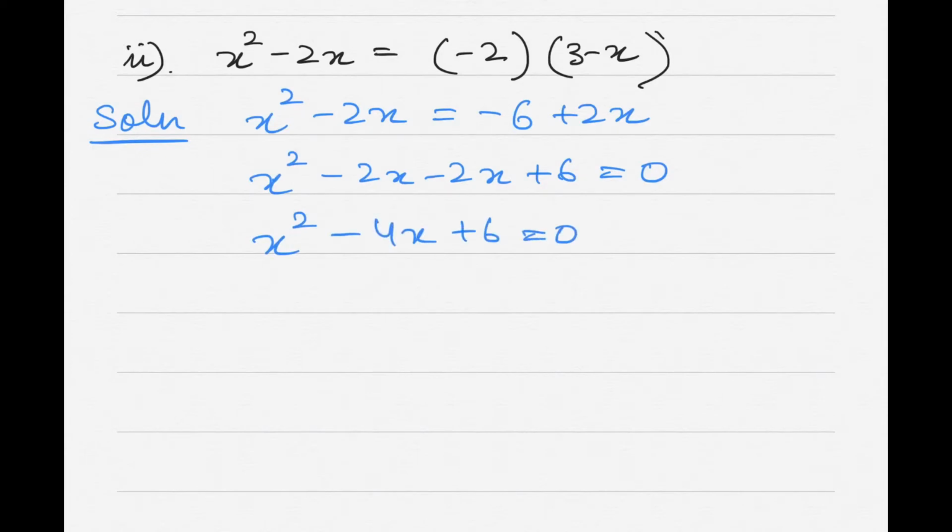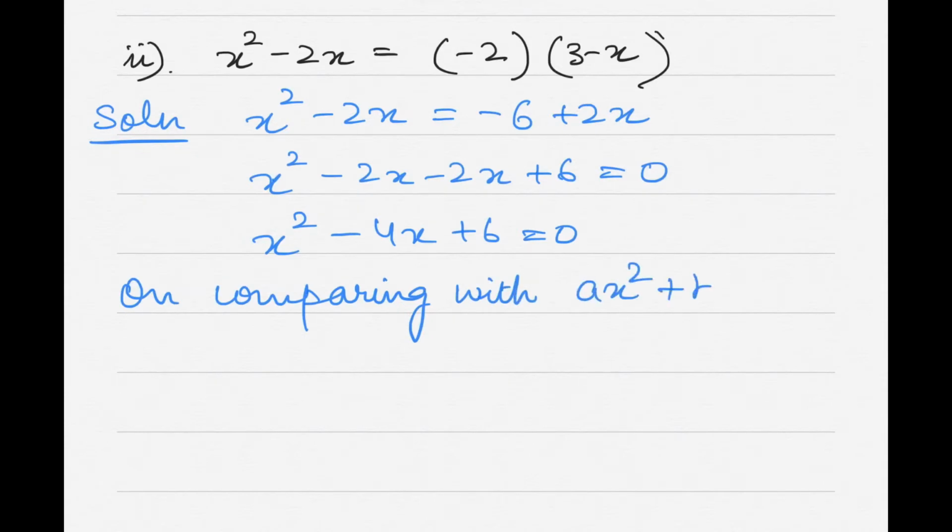So yes, on comparing with the general form of quadratic equation, ax square plus bx plus c is equal to 0, we can say yes, it is a quadratic equation.